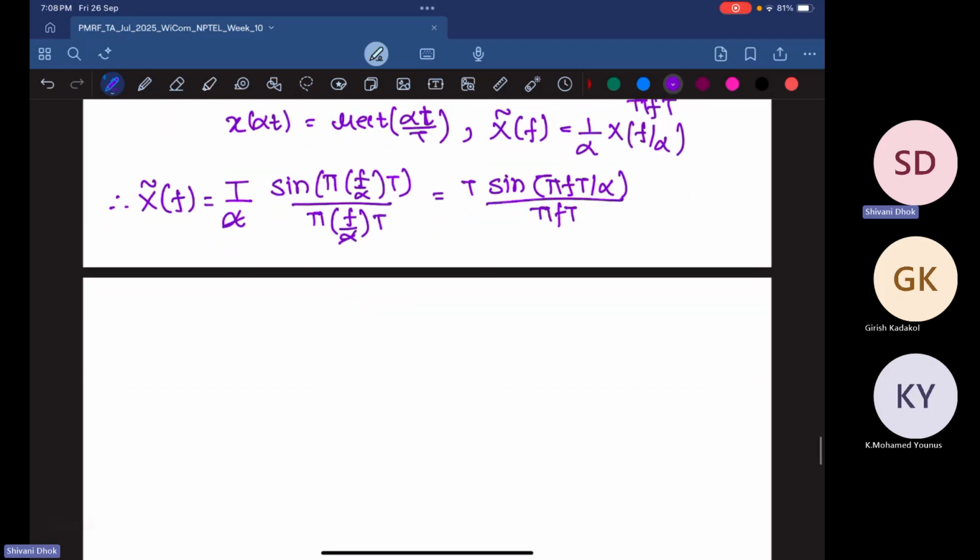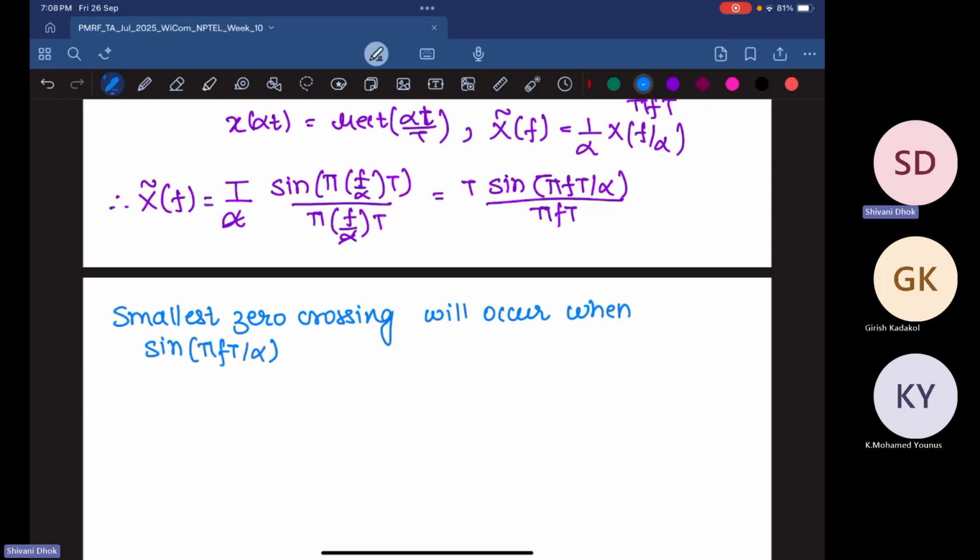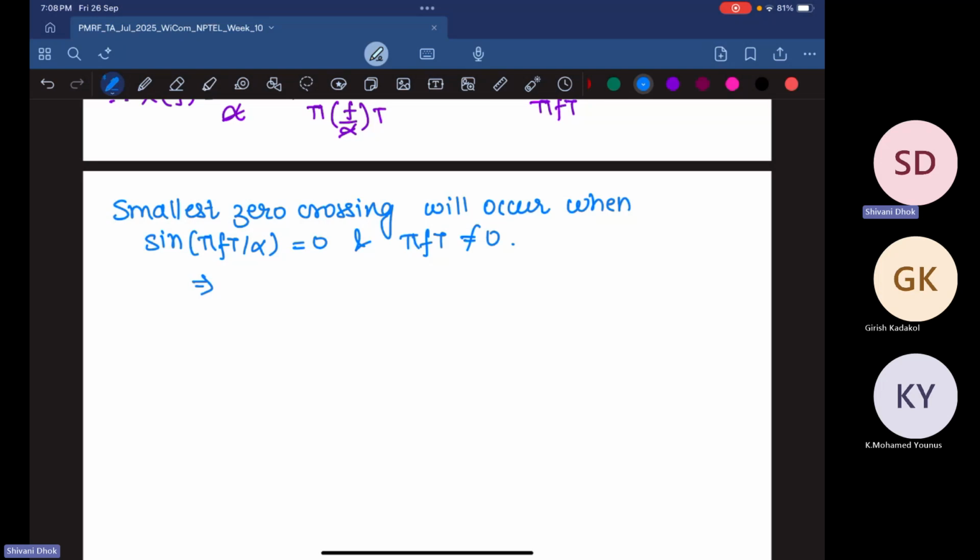Now again we need to find the zero crossing. The smallest zero crossing will occur when sine of pi f T by alpha is equal to 0 and pi f T is not equal to 0, which implies that pi f T by alpha should be equal to pi.